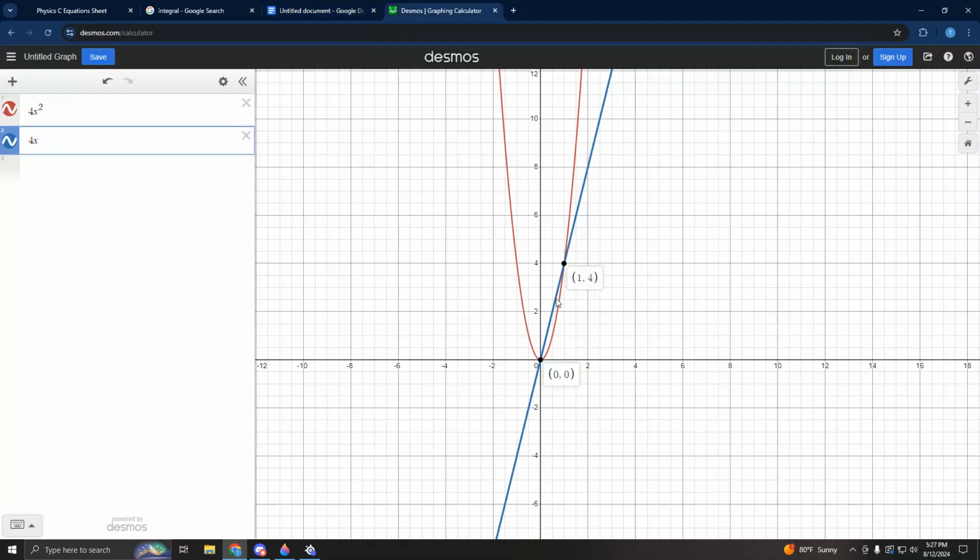So what exactly is a derivative? A derivative is the slope of a line at a certain point.